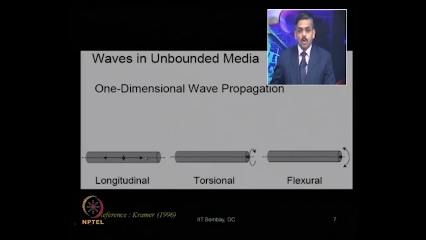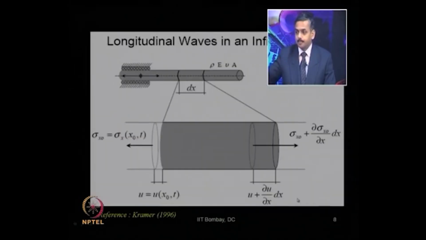So, when the wave is propagating in x direction or one dimension like this, when particles also get influenced or move in the same direction, we call it longitudinal wave propagation. When particles are moving in this direction, we call it torsional wave propagation, and when particles are moving in this direction, we call it flexural wave propagation.